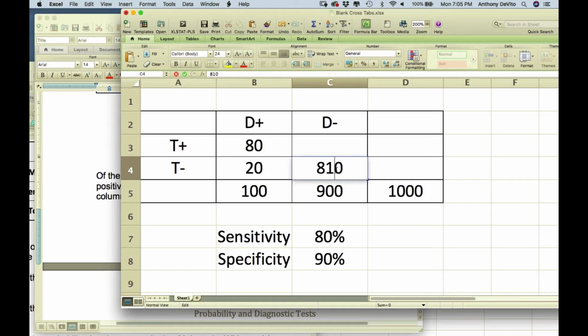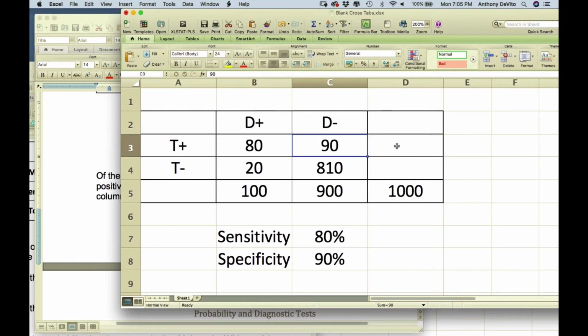We'd expect 810 people. How many people does that leave that test positive? Those are your 90, right? So the 810 is what? Those are true negatives, right? Because they tested negative and they don't have the disease. And the 90 are false positives, right? Because they tested positive.